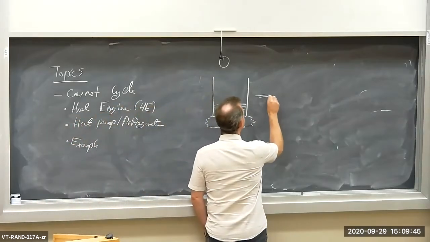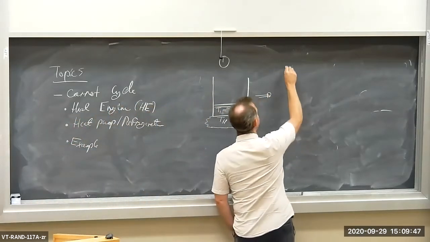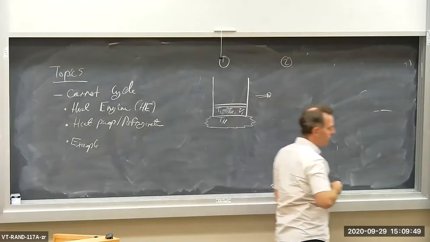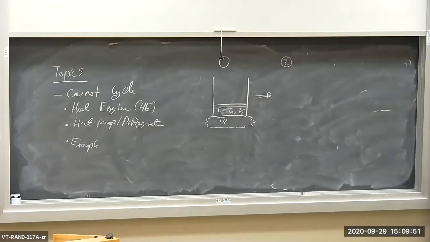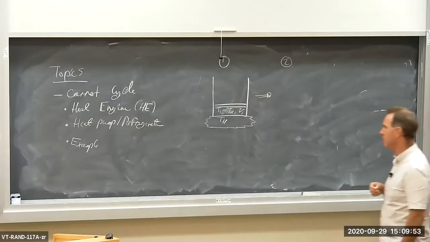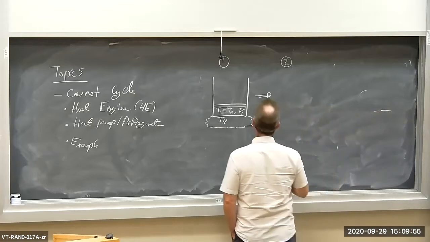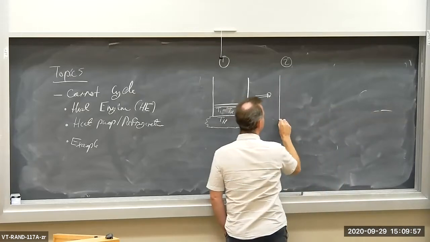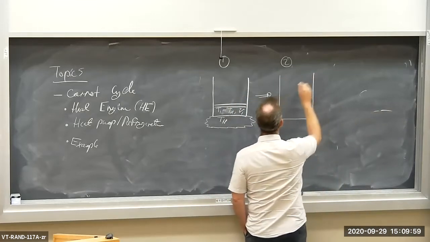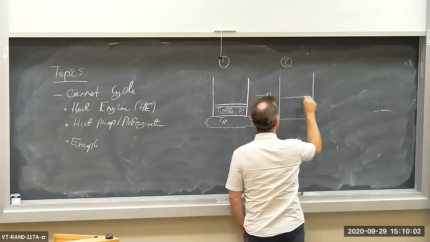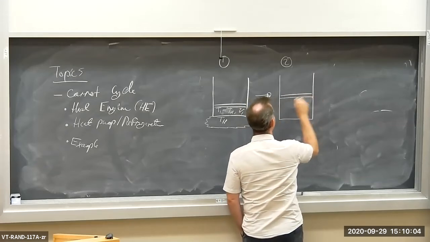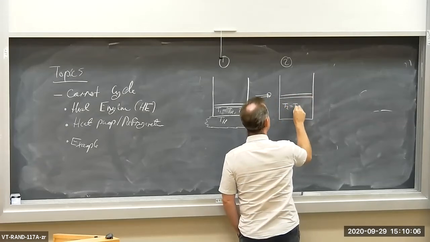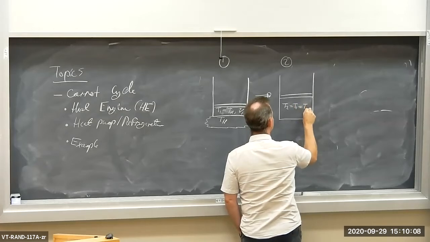Now, we're going to go to state two. What is state two? Well, we're going to let our system, our air, expand isothermally from state one to state two. So this is going to be an isothermal process. Going to have some expansion going on here. So T2 is equal to T1, equal to T high.